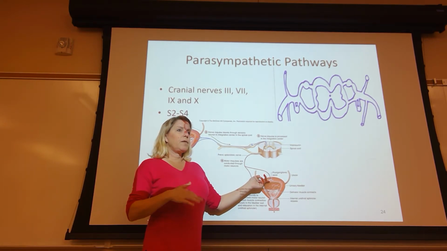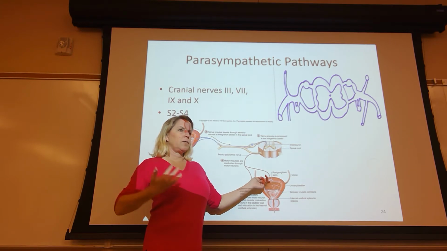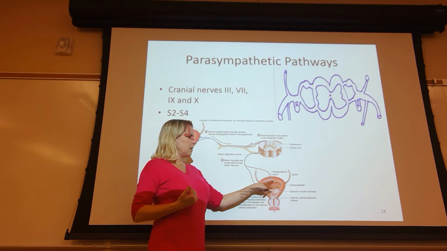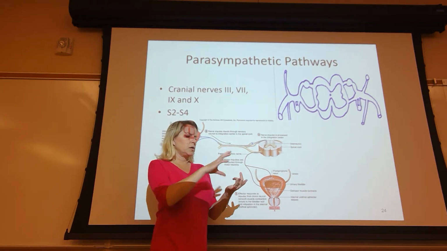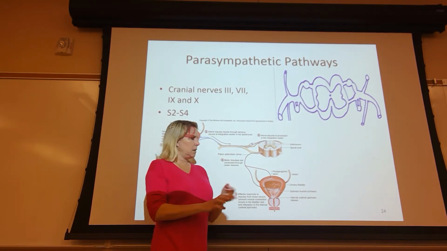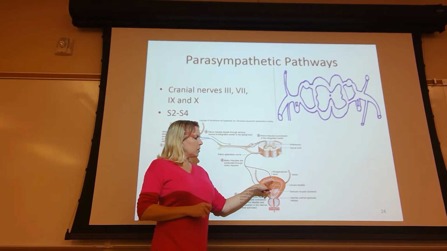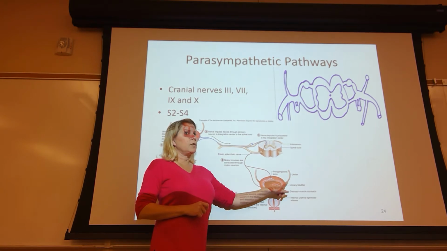Terminal ganglia, found in the involuntary effector's wall, very close to the involuntary effector, smooth muscle, cardiac muscle, or glands. Look how close those neuronal cell bodies are to the smooth muscle of your detrusor muscle of your bladder.